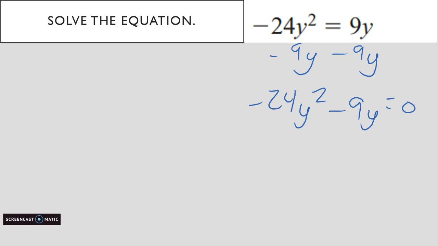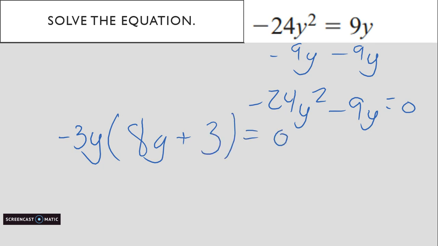Looks like our GCF is negative 3y, because they both have at least one factor of y. Negative 3y times 8y gives us the negative 24y squared, plus negative 3y times 3 gives us the negative 9y, but that still equals 0.